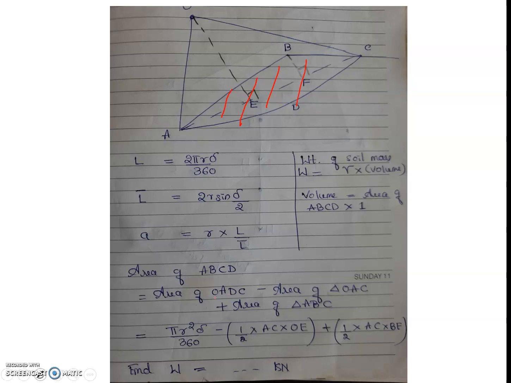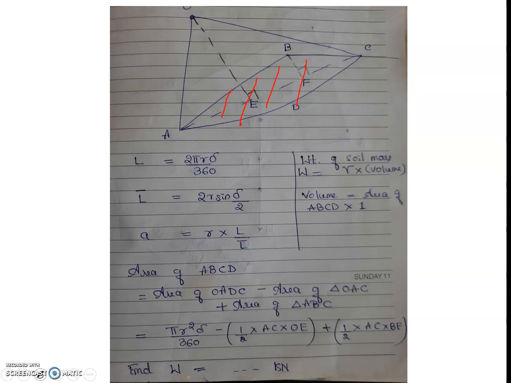So area of sector OADC is given by pi r square delta divided by 360 degree, minus area of triangle OAC, that is given by half into base, base is AC and height is OE, plus area of triangle ABC is given by half into base, that is AC, and height, that is BF.